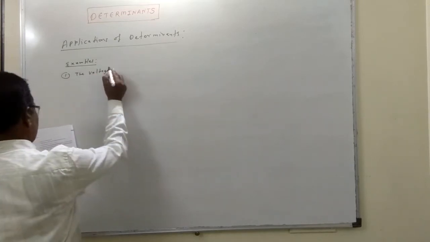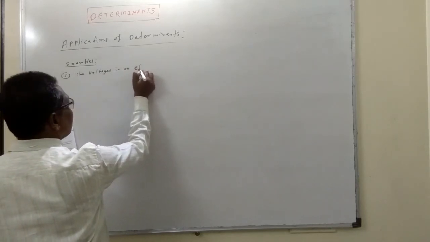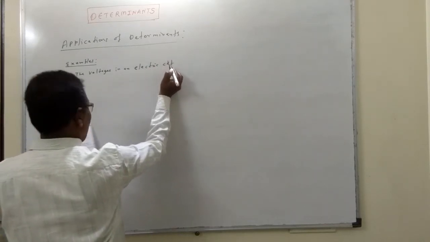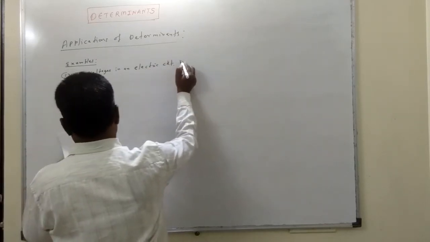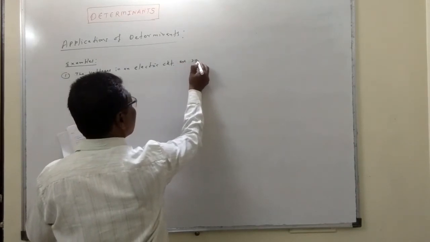The voltages in an electric circuit are related by following equations.